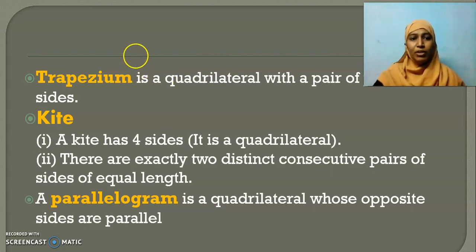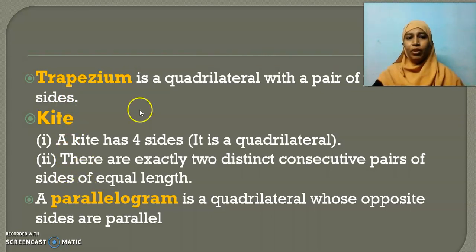Okay, here a trapezium will have only one pair parallel. I am asking, is a trapezium a parallelogram? It can be a parallelogram only if the other pair is also parallel. So, every parallelogram is a trapezium, but every trapezium need not be a parallelogram. Is it clear, my dear children? Okay.